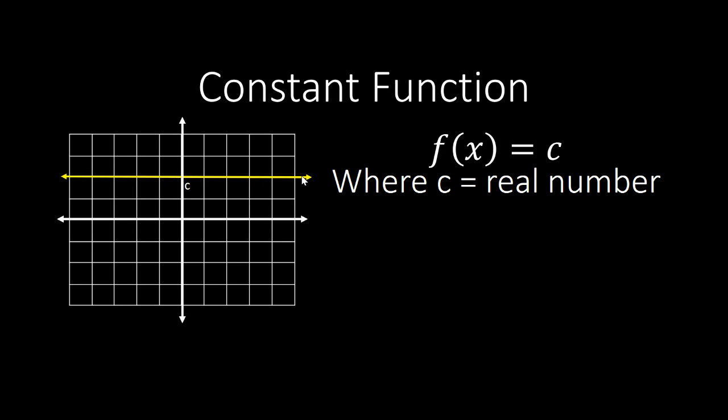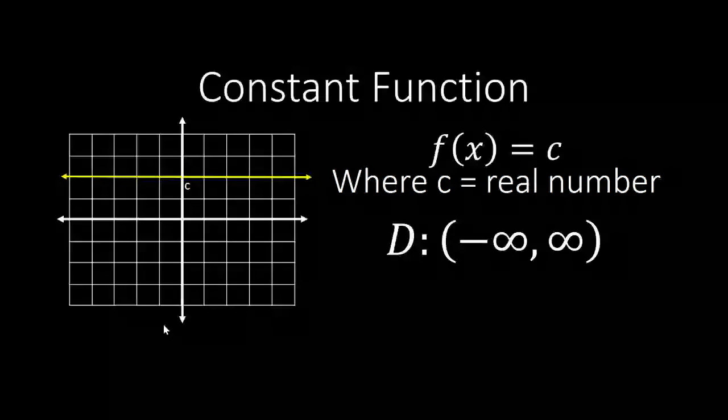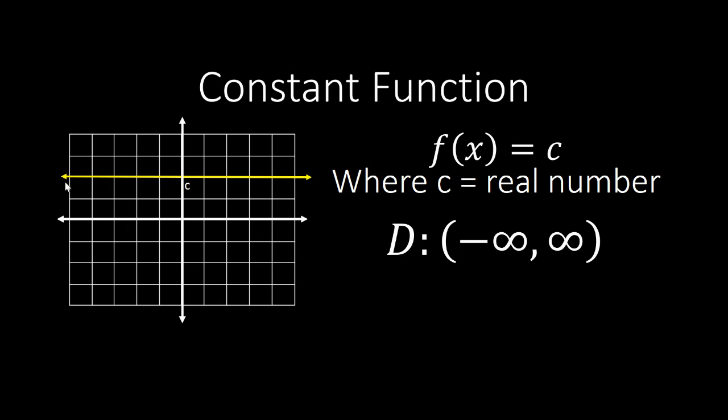So if I was looking at this graph, what domain is really asking is what x values are on this line. Well, they're all on this line. I mean, every single x value on the planet. This thing goes to the right forever, goes to the left forever. Domain is all real numbers, negative infinity to infinity. Range is just asking what y values are on this line, well, there's only one.